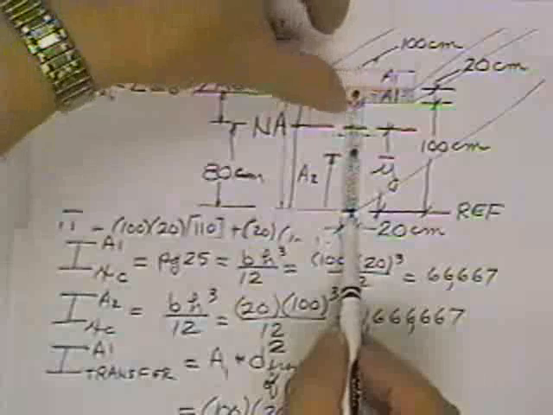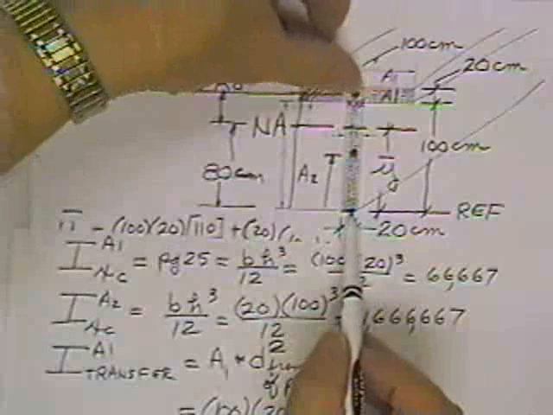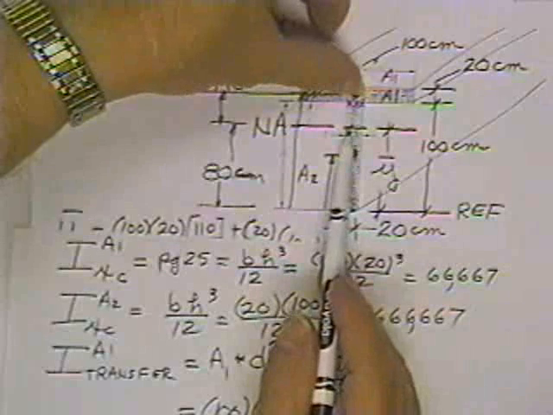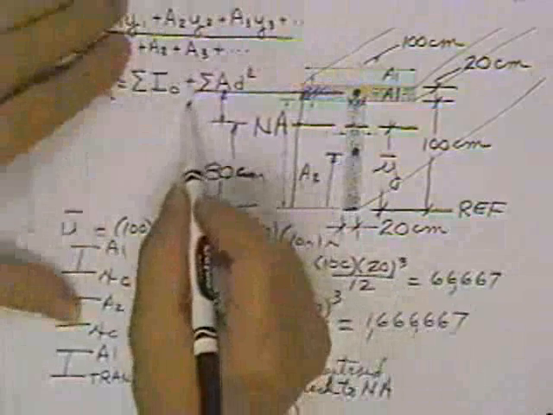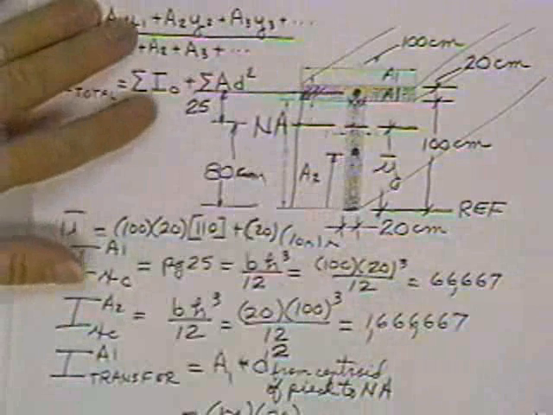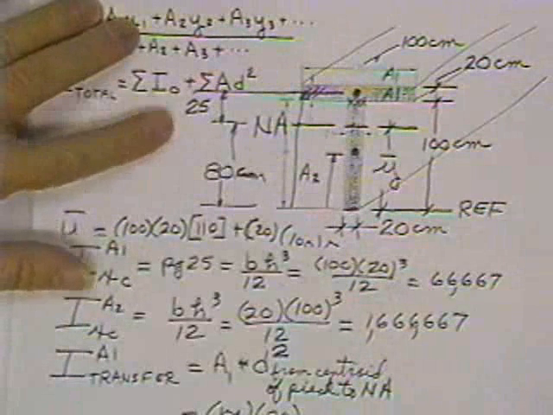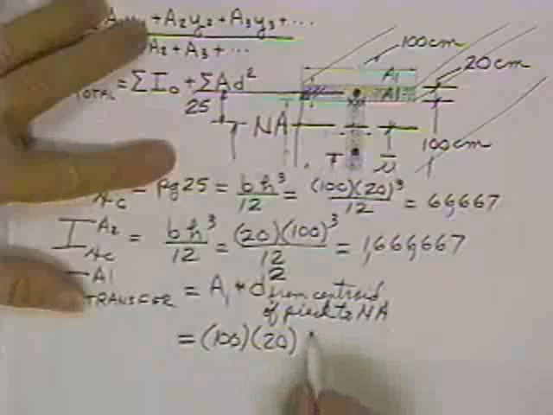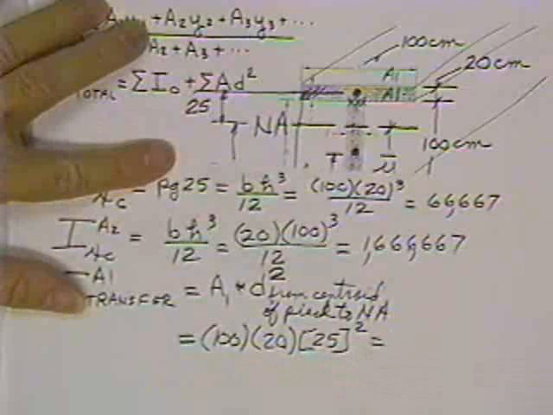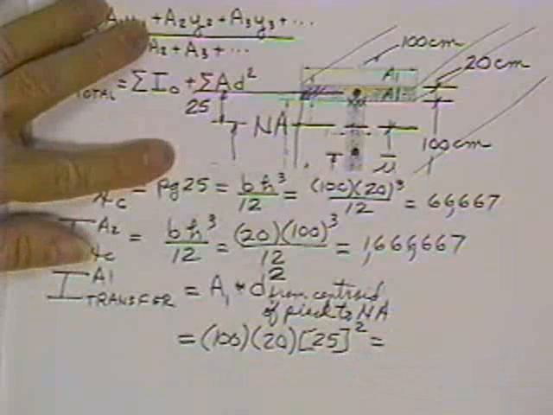Well, this was 110, so 110 take away 80 is 25. So that's how many centimeters it is from area 2's centroid to the neutral axis. So we multiply that times 25 squared, and that's the transfer moment of inertia.